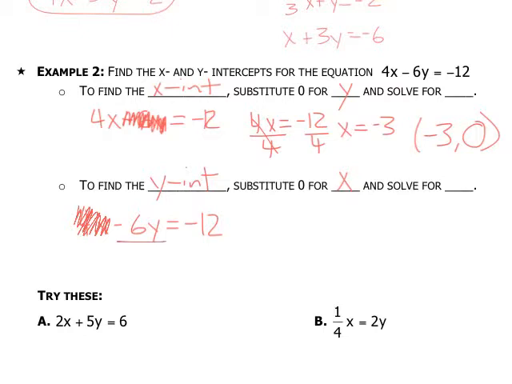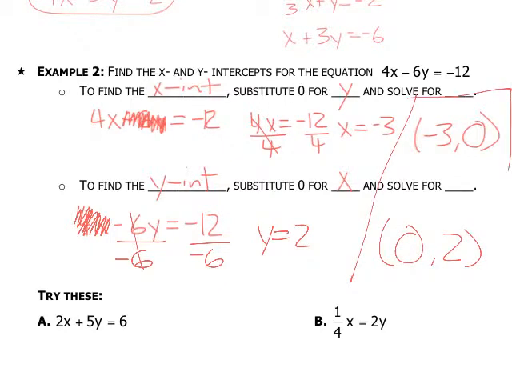And I can solve that. So I divide by negative 6 on both sides, and I get y equals 2. So then what is my y-intercept? What's x? 0. We just figured out y is 2. So there are my x and y intercepts right there: negative 3, 0, and 0, comma 2.